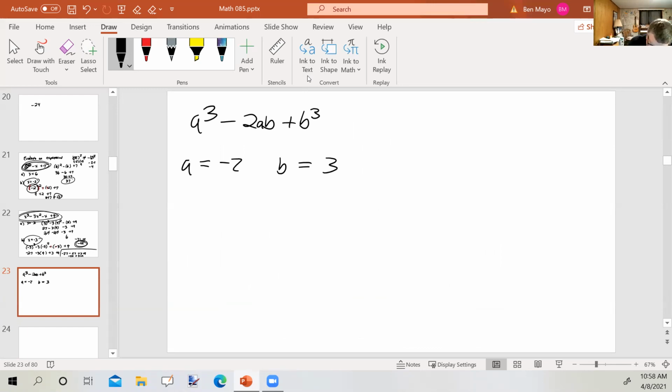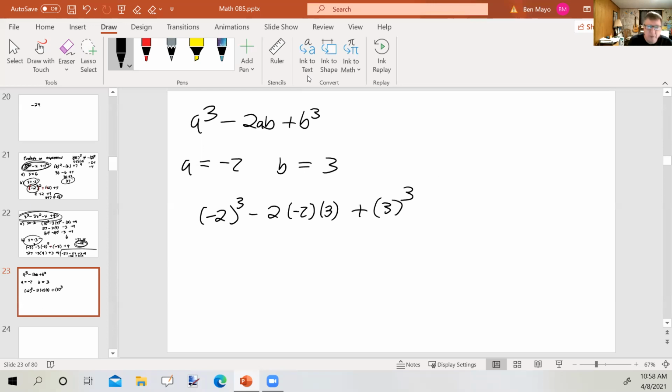Okay. So a cubed would be (-2) cubed minus 2ab would be -2 times -2 times 3 plus b cubed. So again, I've replaced all the a's with -2 and all the b's with +3.